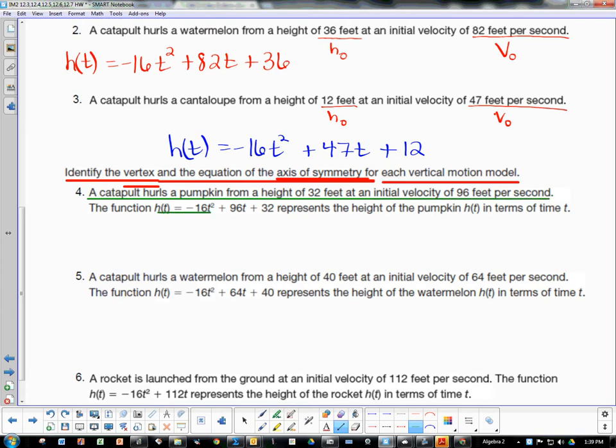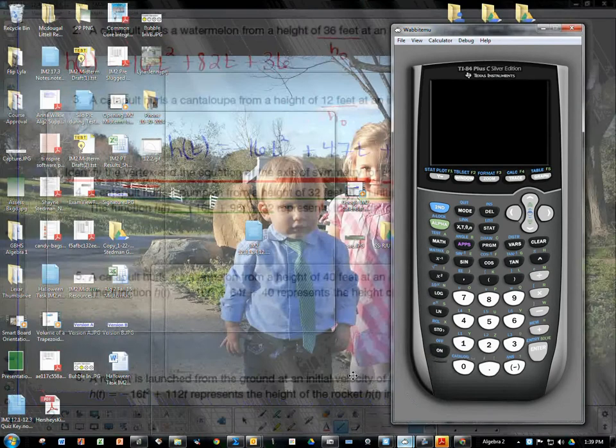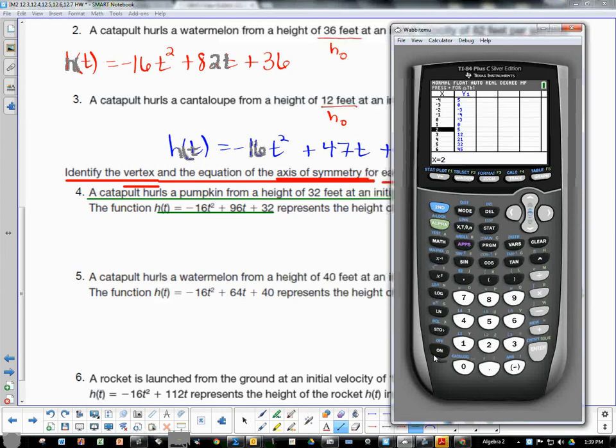Here's the function, they've given it to you. They've been nice and they've given that to you. What we need to do here is take out your calculator and let's go ahead and graph this thing. All right, here it is. Y equals, let's clear out anything that's in there.